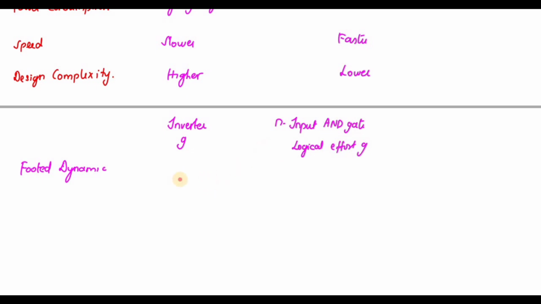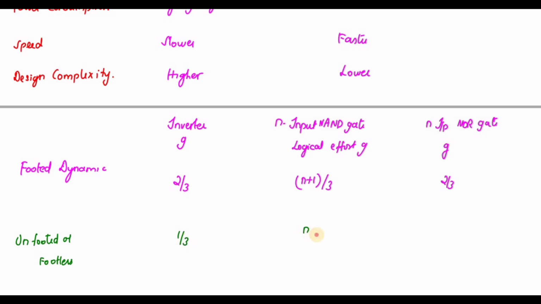The formula is 2 by 3 for the inverter, and n plus 1 by 3 for an n-input NAND gate, and for the NOR gate it is 2 by 3. For unfooted, or footless, dynamic, it is 1 by 3, n by 3, and 1 by 3.